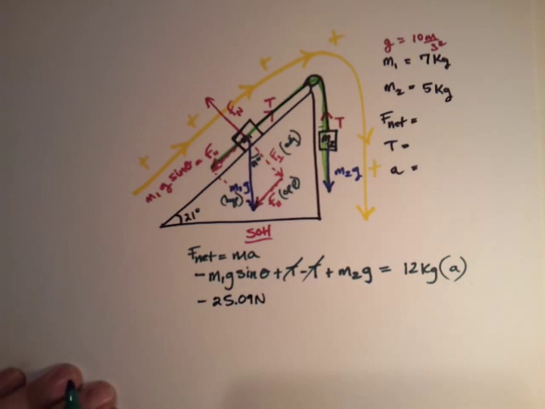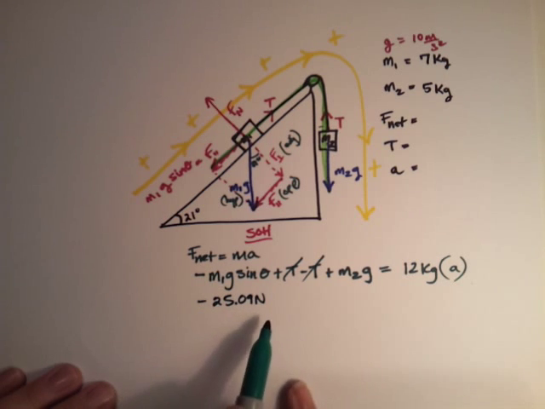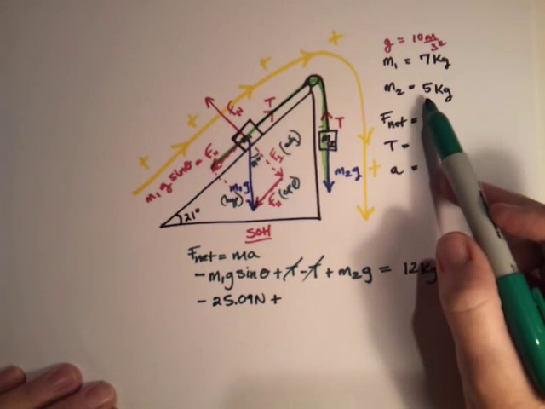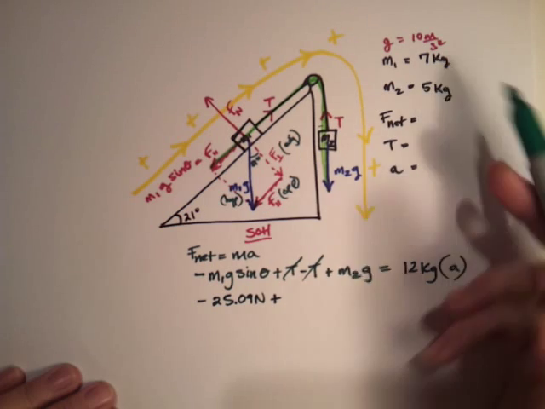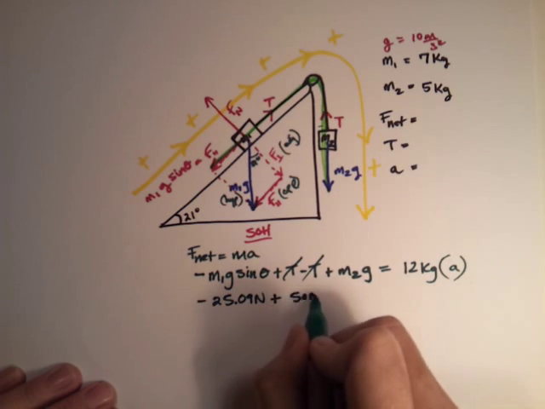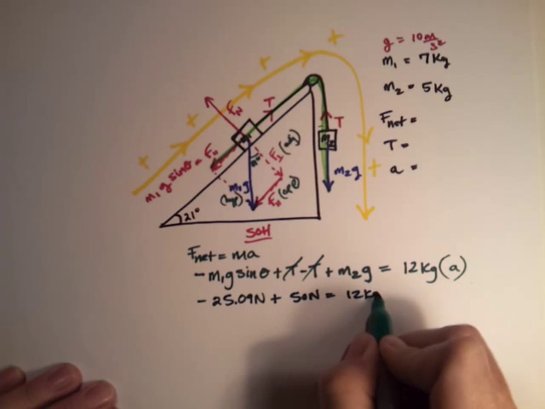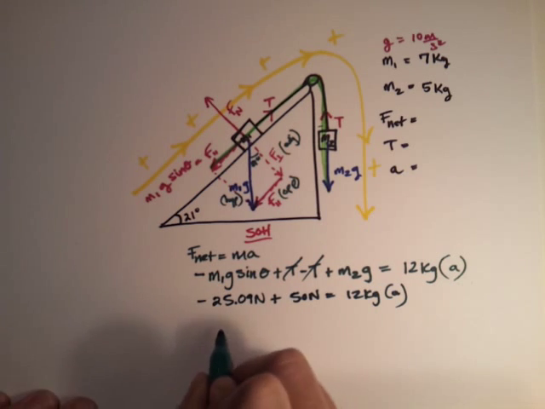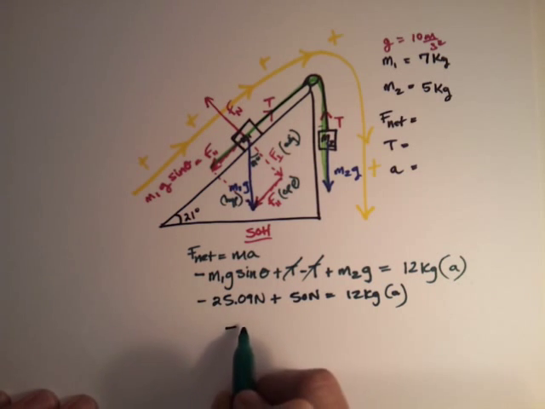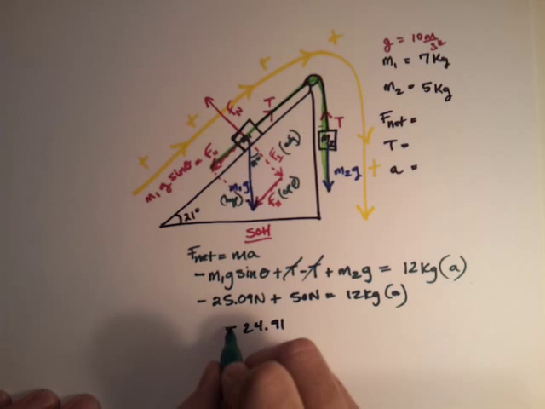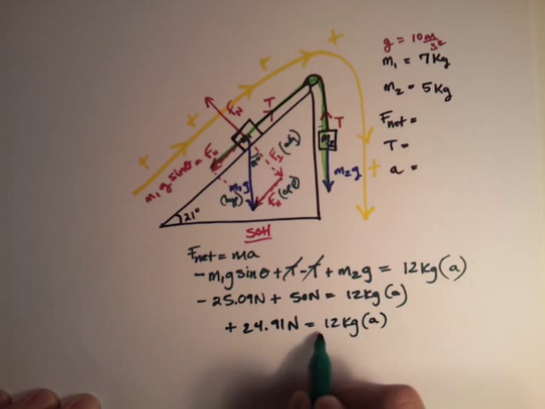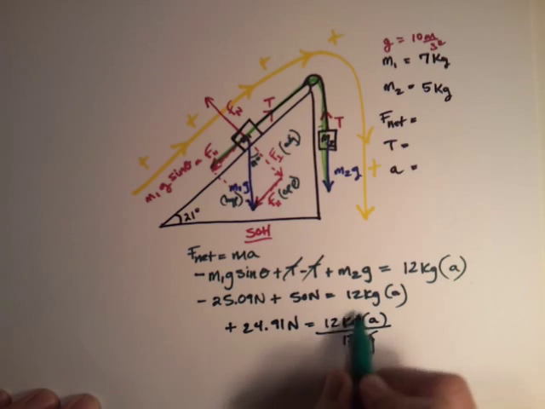That's newtons. Now I would carry as many numbers as possible. I'm just rounding off for right now, just to make it easier for me. I've got the weight of this object, which is really going to be 5 times 10, which is 50, equals 12 kilograms times A. So if I add these two together, I'm going to get positive 24.91 newtons equals 12 kilograms times A, divide this out.